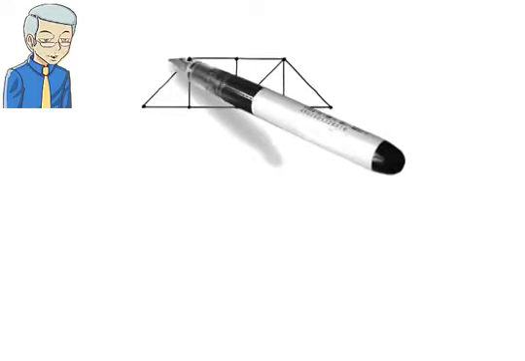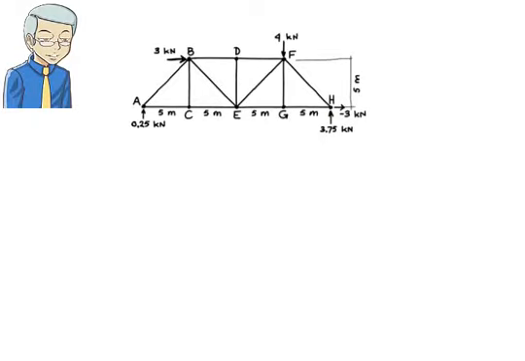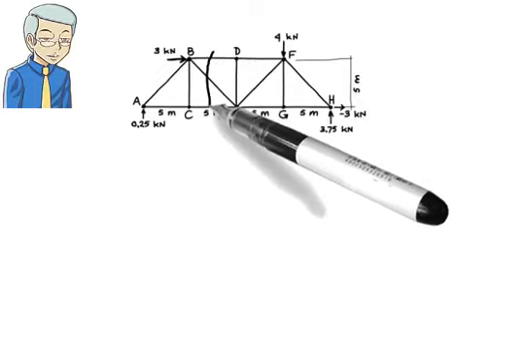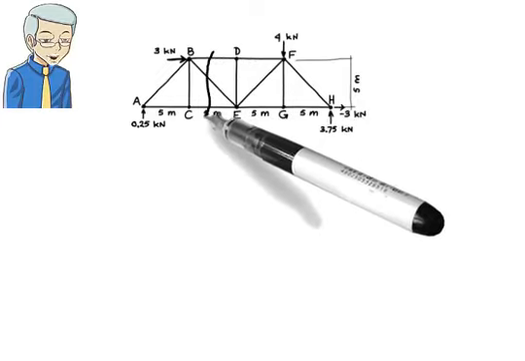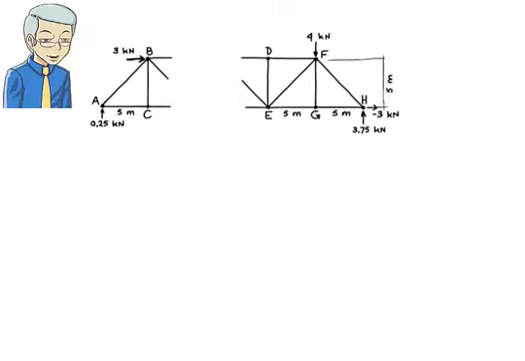Now, to find the force in member BD, we need to cut the structure through the member. The most suitable cut here is one that passes through members BD, BE and CE. Since the cut goes through BD and CE, we can calculate both member forces using the same set of equations.